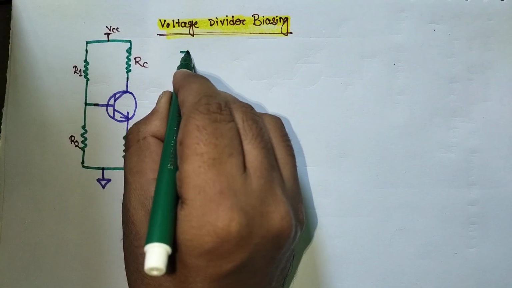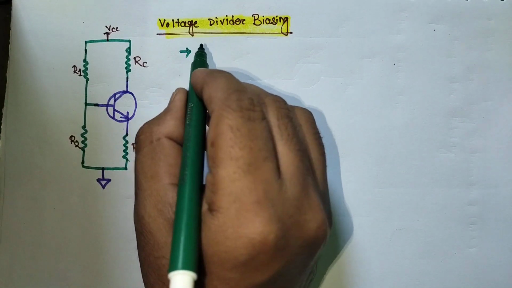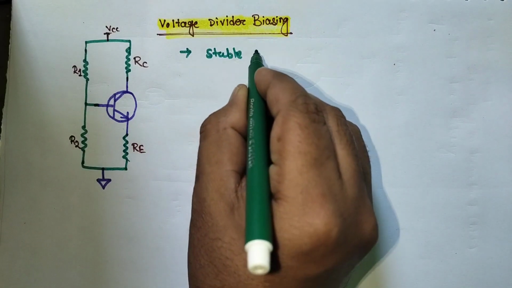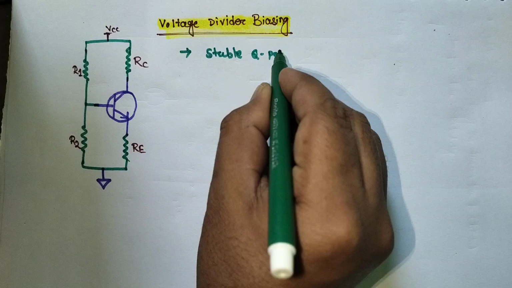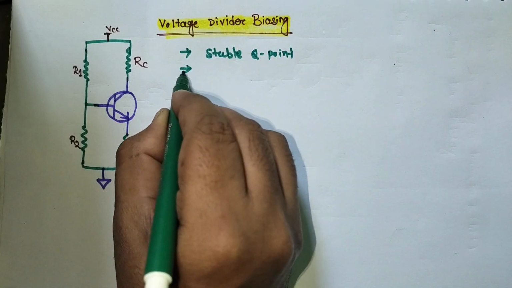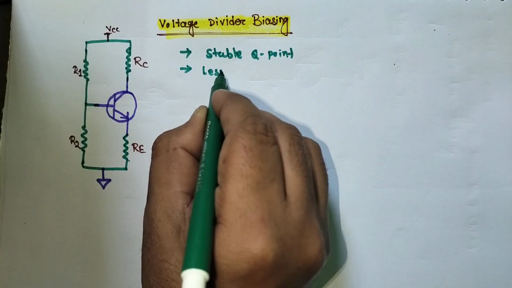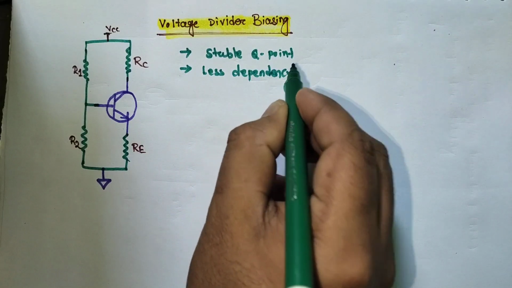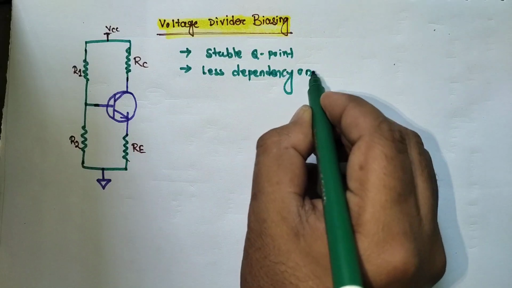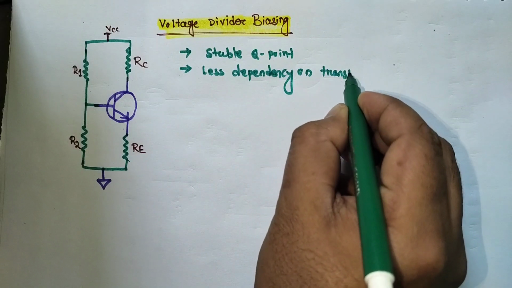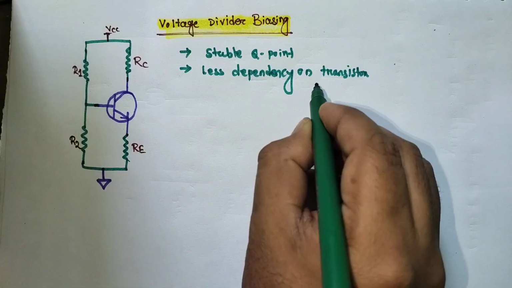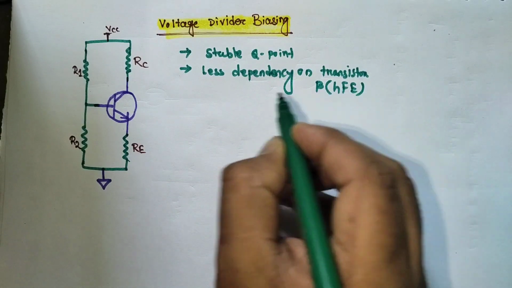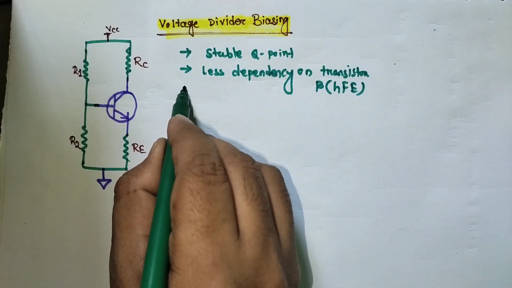Because in this we can get a stable Q point, and less dependency on the transistor beta value, or you can say the HFE value, and also temperature stability.